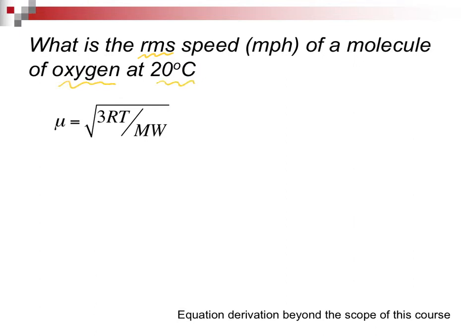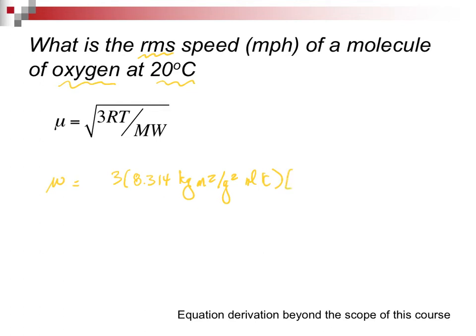Why are we doing this? Because once it appeared on a midterm exam. So let's see what we get. This is the symbol for root mean square speed, and we are going to take 3 times R. Now what we're going to use here is the other R, 8.314 kilogram meter squared per second squared mole Kelvin, okay?